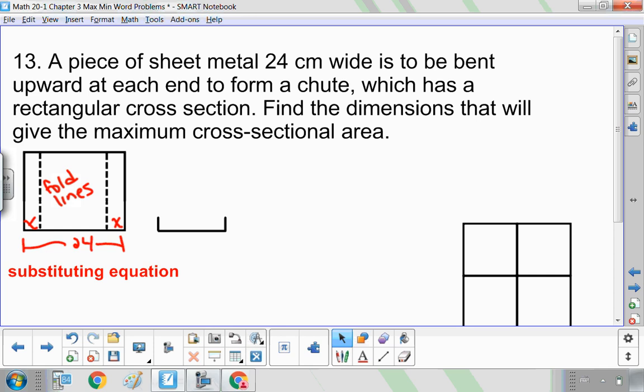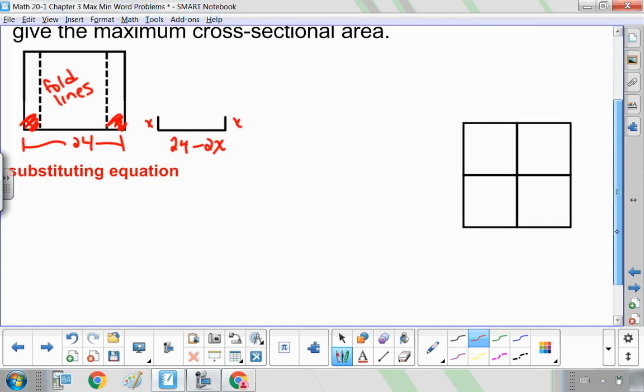Since I'm folding it up a dimension of x, I know that the height of this is going to be x, and the length is going to be 24 take away what I folded up, take away what I folded up, which is 24 minus 2x. I want to have the maximum cross-sectional area.